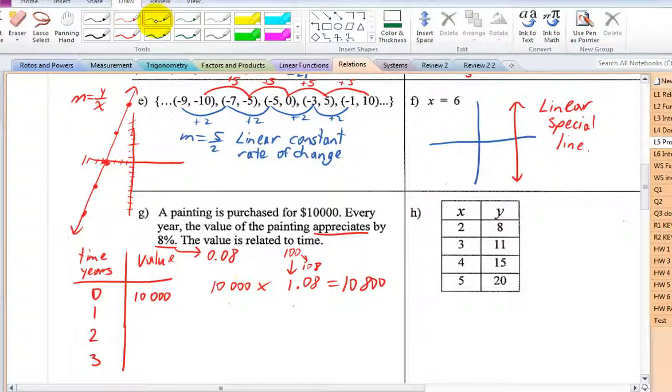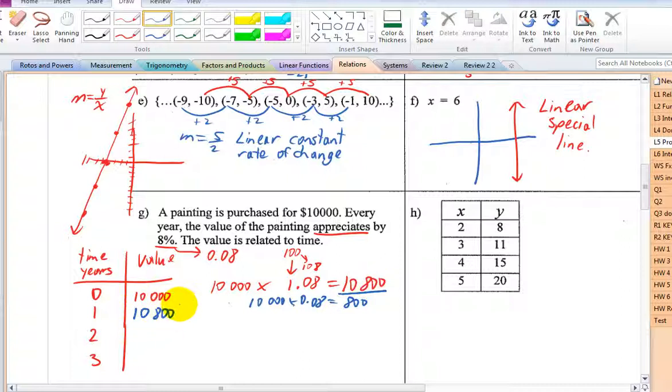So just to review our math skills, it's 10,000 times 0.08 equals 800, but the 1 adds them together. Okay, you guys see what I'm talking about there? We're not being super clear. So this is the new value.